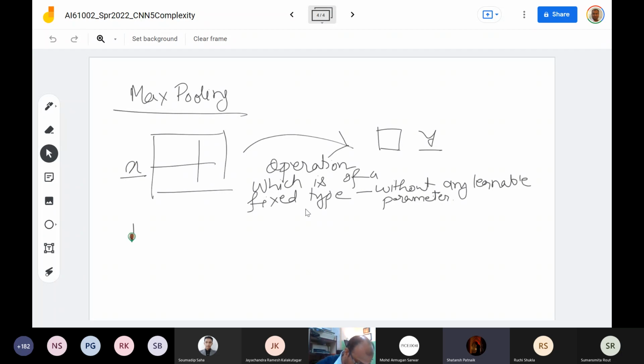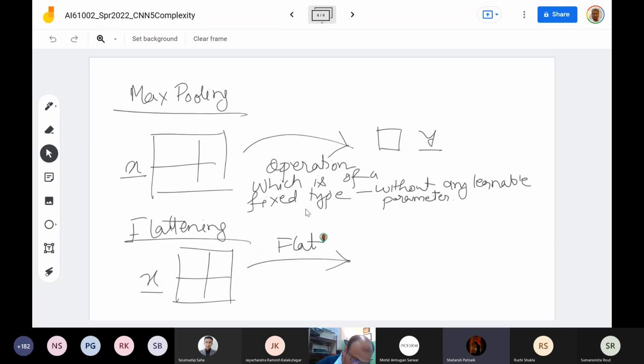In case of flattening, what do I have? I have this X. I just write it in this form in terms of X dashed. Now there are no parameters, and this to this is just a column major representation.